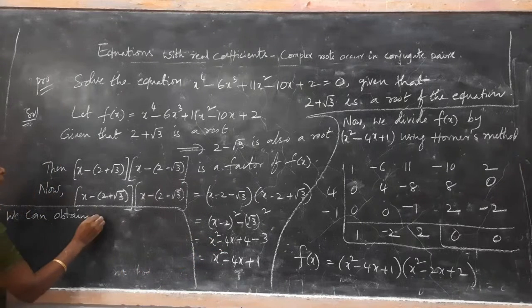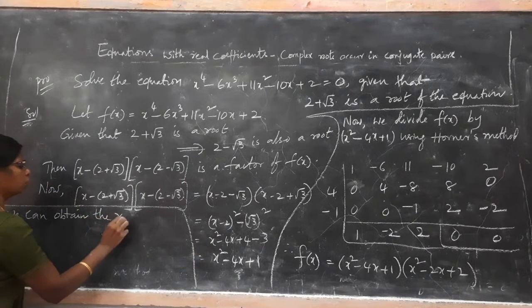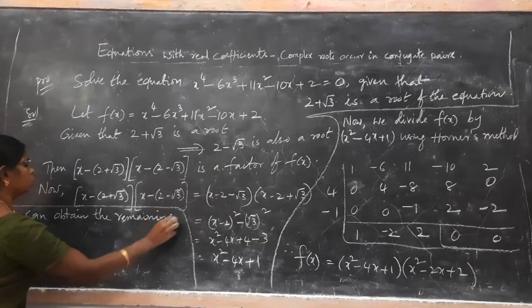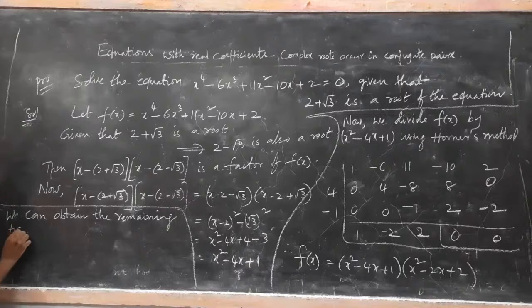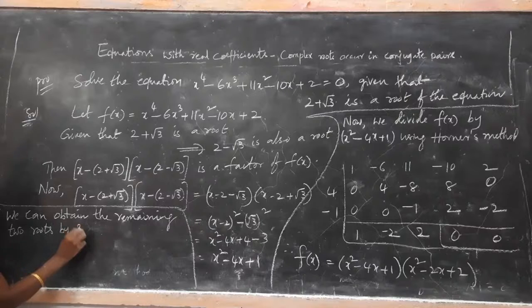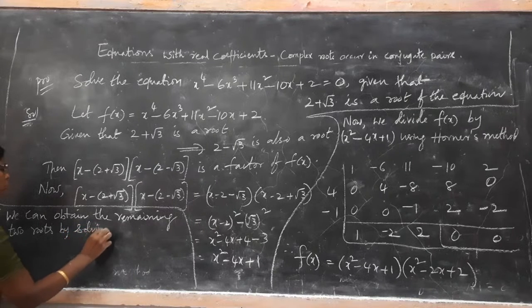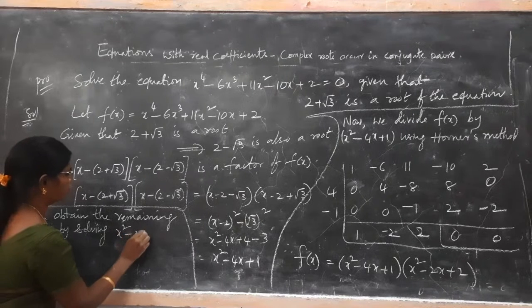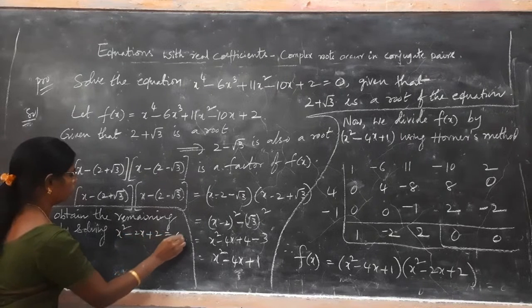We can obtain the remaining two roots by solving the equation. What is the equation? x square minus 2x plus 2 is equal to 0.